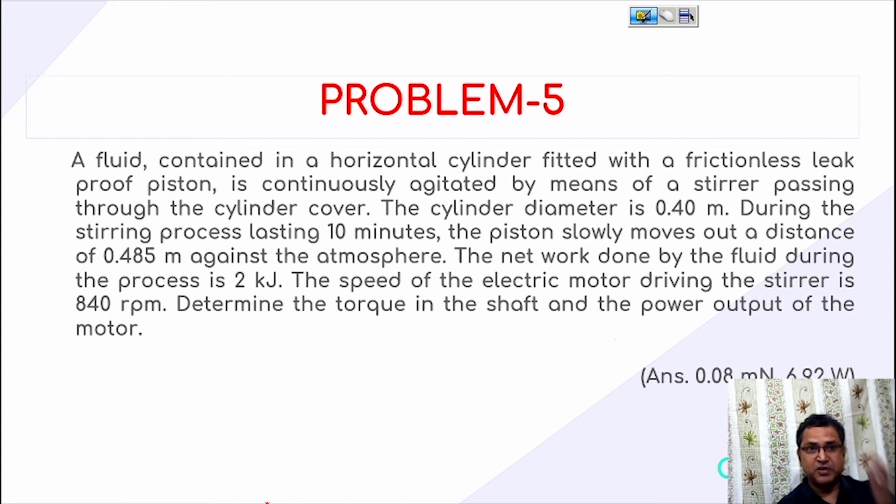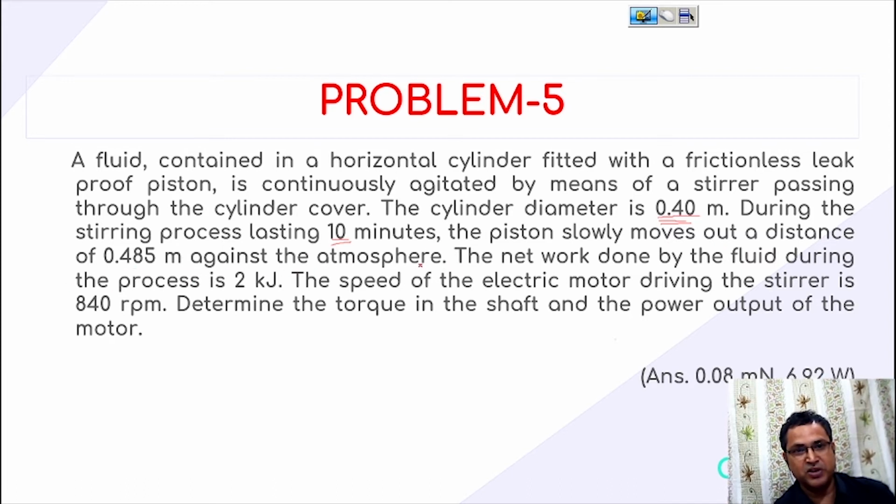Now the next problem. A fluid contained in a horizontal cylinder fitted with a frictionless leak-proof piston is continuously agitated by means of a stirrer passing through a cylinder cover. The cylinder diameter is 0.4 meter. During the stirring process lasting 10 minutes, the piston slowly moves out a distance of 0.485 meter against the atmosphere.